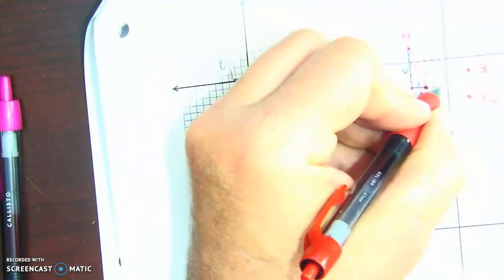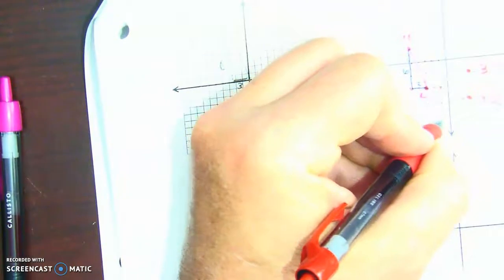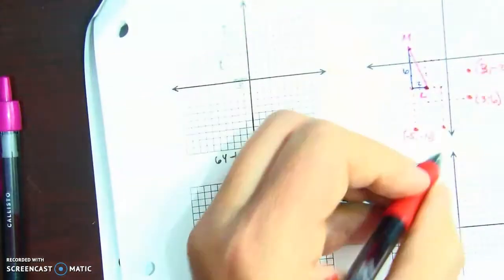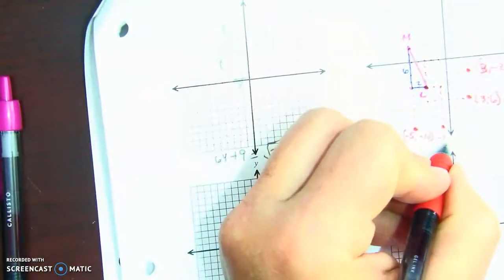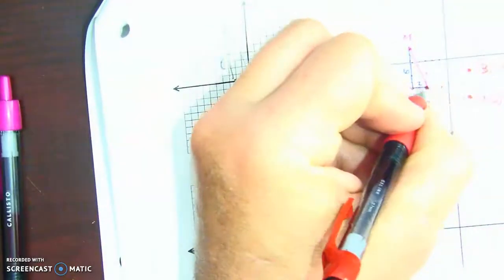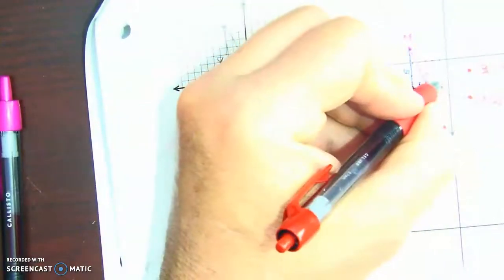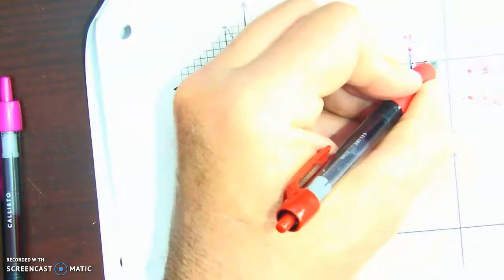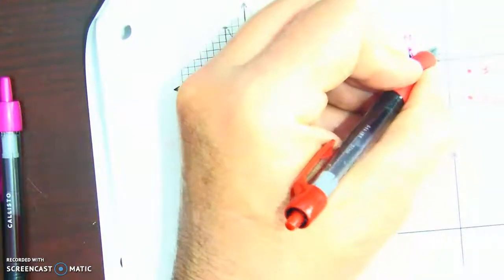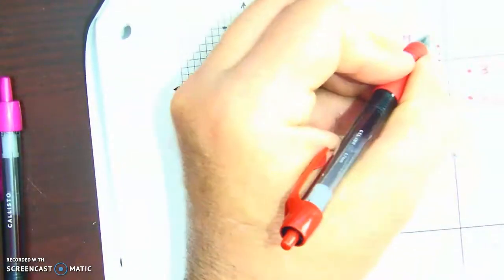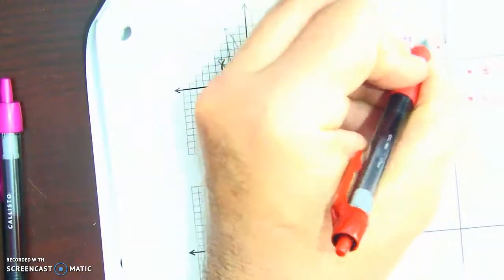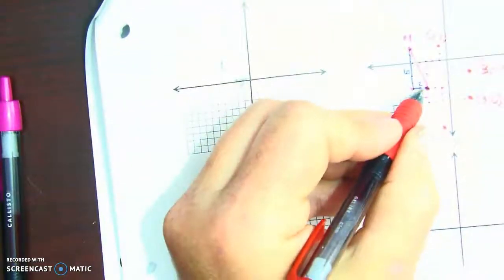So yeah, 1, 2, 1, 2, 3, 4, 5, 6 could be here, which could be negative 1, negative 10, or we count 1, 2, and we count up that way, 1, 2, 3, 4, 5, 6, which would be negative 1, comma 2.